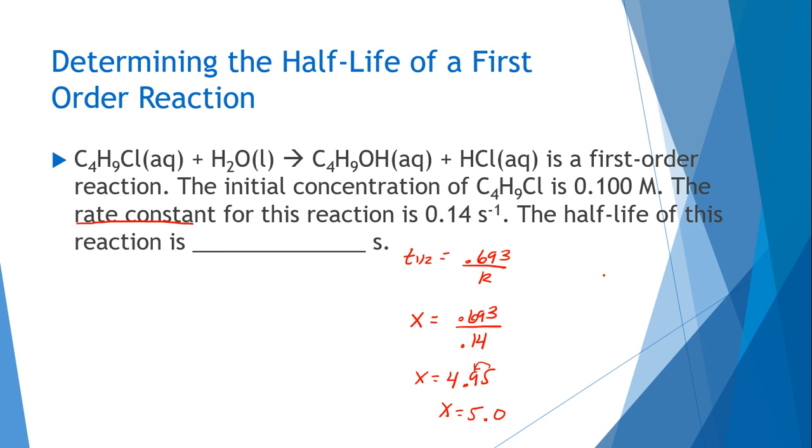And then I need a label. Since I'm finding half-life, it has to do with time. My time in here was seconds, so here it's going to be seconds. It takes about 5 seconds for this reaction to be halfway done, or cut the reactants in half.